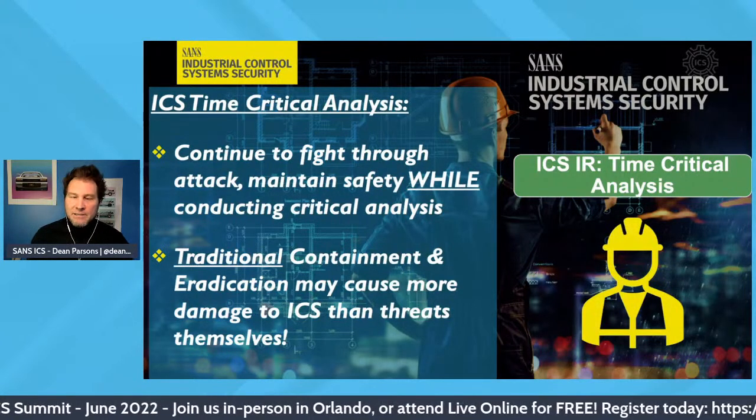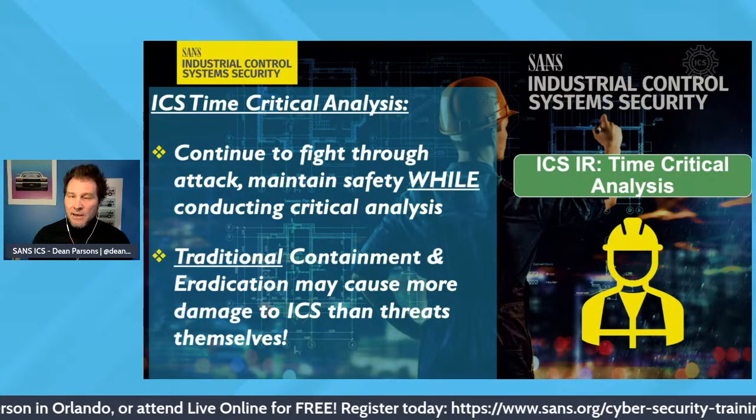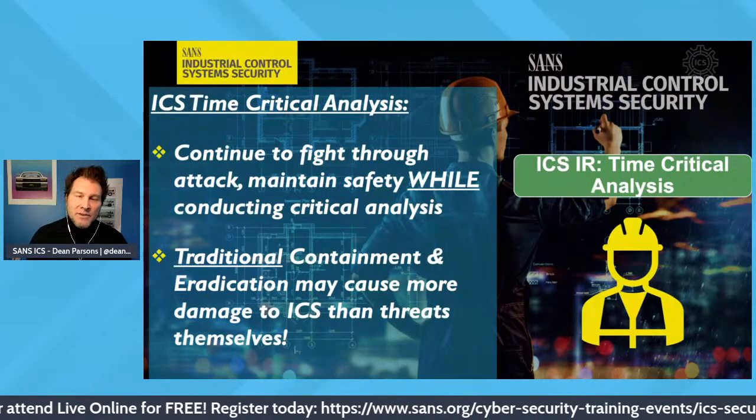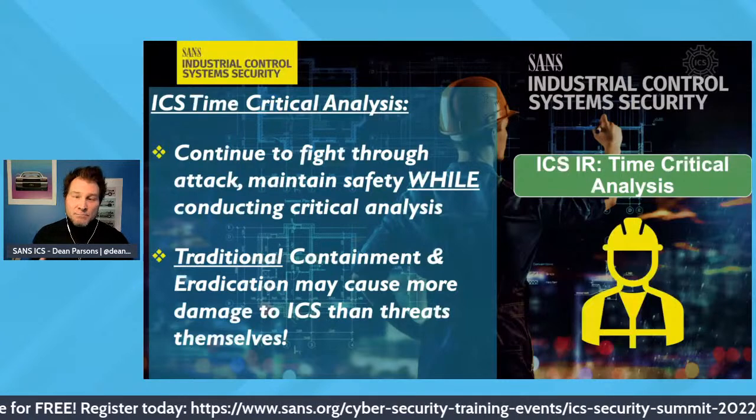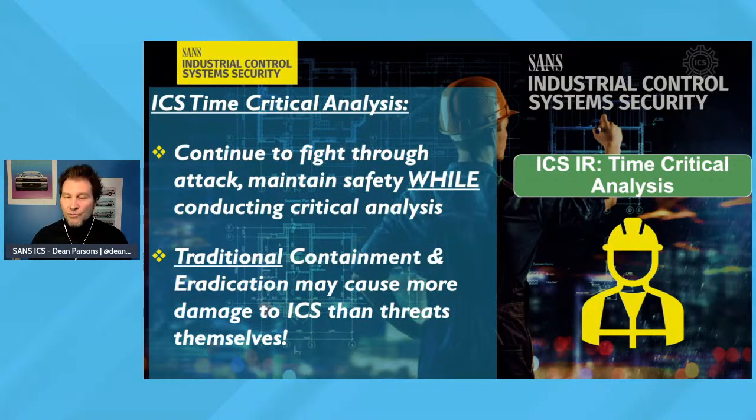So this is not the case in control systems where we see some kind of malware and we shut the plant down. Traditional containment and eradication steps may cause more damage to the ICS than the threats we actually uncover through the analysis. So again, we're fighting through the attacks during time critical analysis as that's being progressed through.